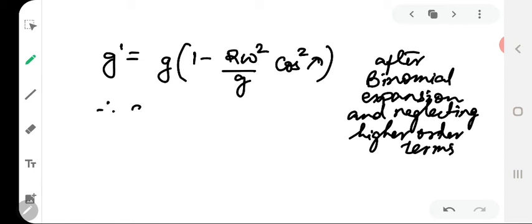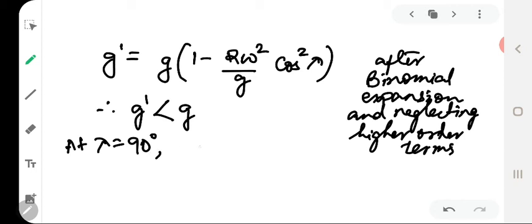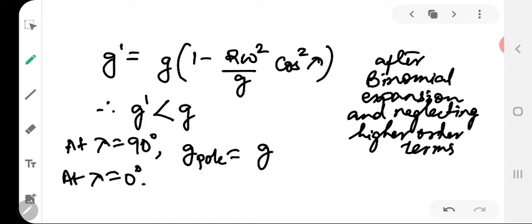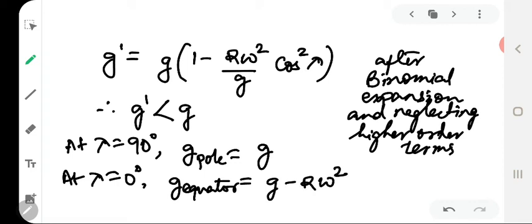So we can easily find that g dash is smaller than g. So it follows that acceleration due to gravity decreases due to rotational motion of the earth. Now at lambda equal to 90 degree, g pole will be equal to g, as cos 90 is equal to 0, and at lambda equal to 0, that is at the equator, g equator will be equal to g minus r omega square.